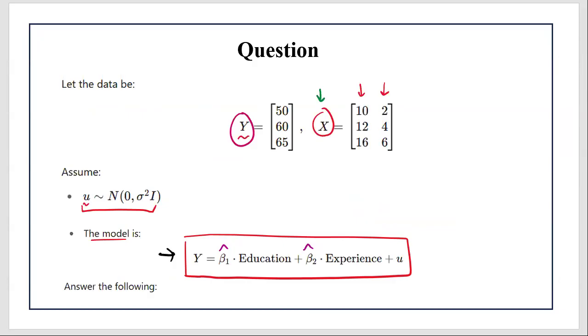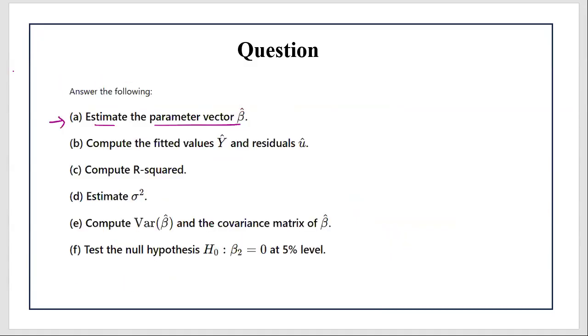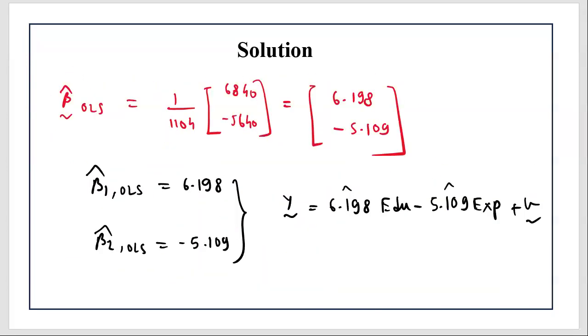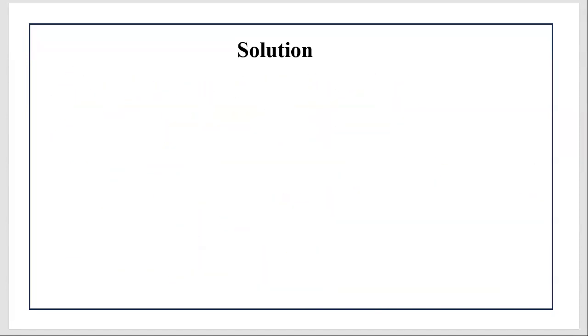If you see from this model, we have successfully found the estimated values of beta 1 cap and beta 2 cap, which is part 1 of our question, right? Estimate the parameter vector beta cap. This is done. Now let's move to the second part of this question, which is asking to compute the fitted values of y cap and the residual u cap, right? So let us see how we can proceed with this.